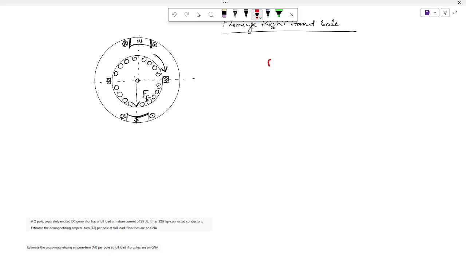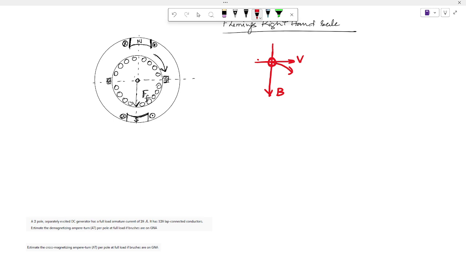This is a conductor. The magnetic field effect on this conductor is this. This conductor is moving this way. At this point the tangential velocity, the conductor velocity, is this, and B is this. So what is the EMF? Fleming's right hand rule, you know.